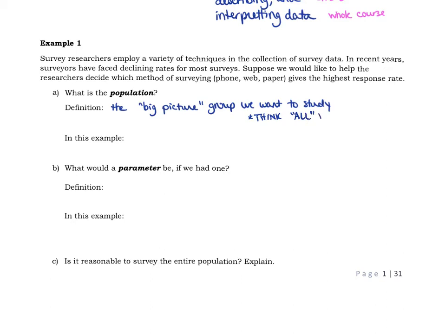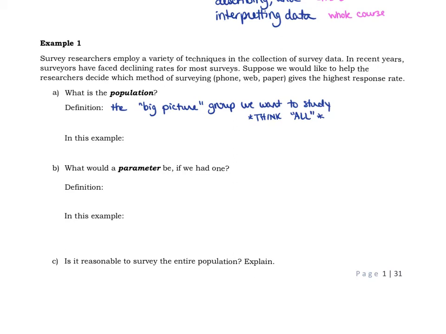When it comes to a population, we probably can't survey everybody in the entire state, but we can survey some people in the state. So the population would be all people who live in the state of Illinois, for example. But that's not who we're actually going to physically be able to survey or sample.